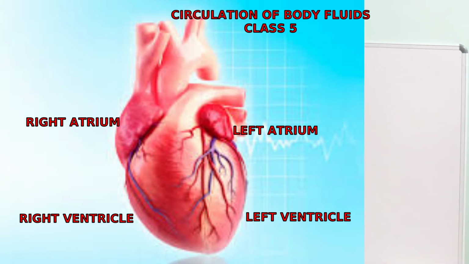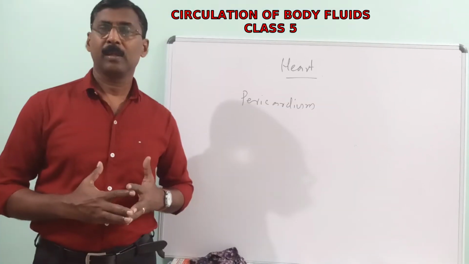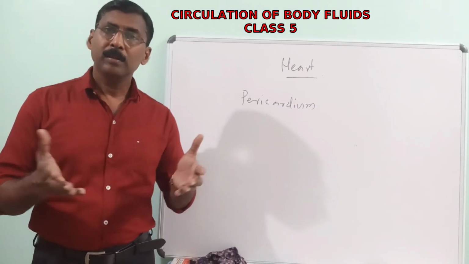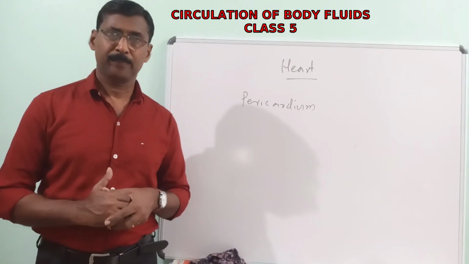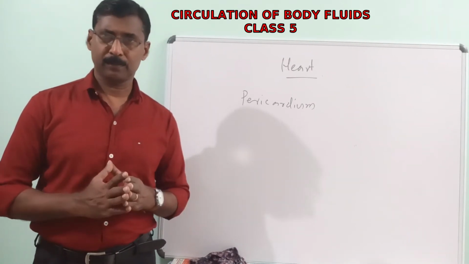Okay, the demarcation of these chambers is not very clear from an external point of view. Now let us see what the blood vessels are that take blood away from the heart and receive blood from body parts. So there are 2 types of blood vessels.